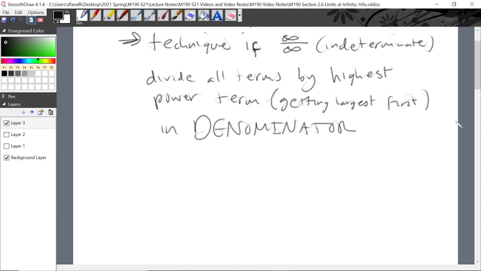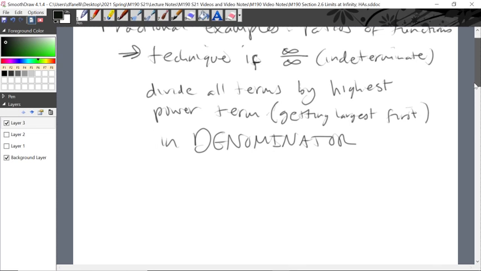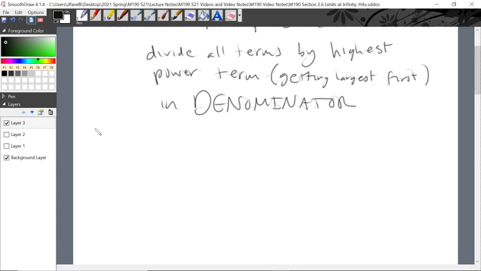There you go, all caps there. Divide all the terms by whatever the highest power term is in the denominator. Okay, let's try an example.